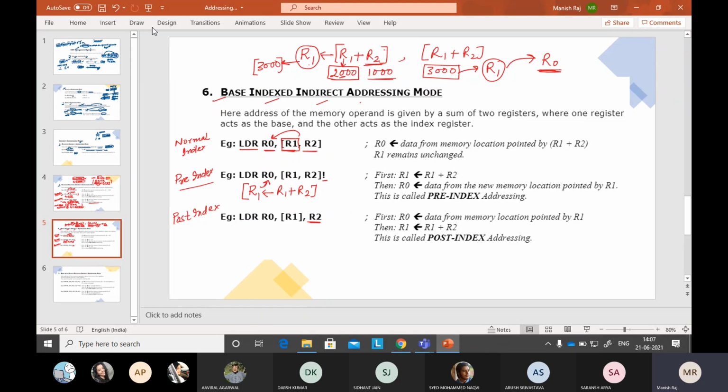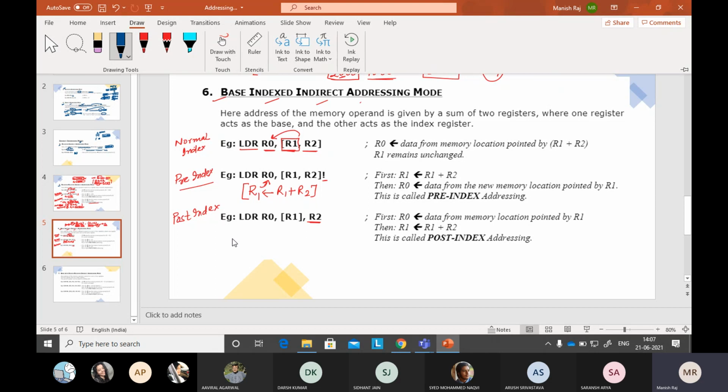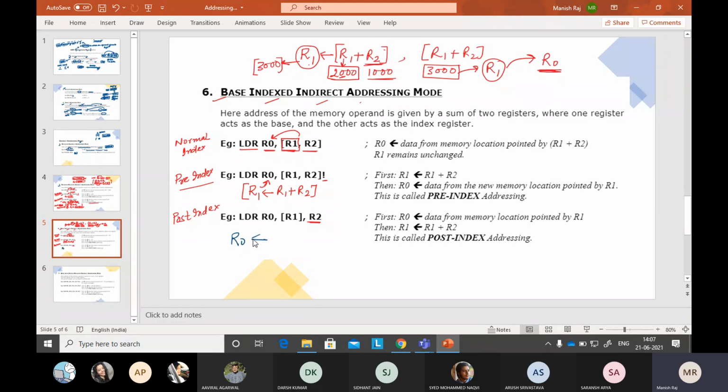So you can understand what is happening. First, R0 will get the value address of the R1. After that the increment: first that is load, after that increment. So what will be the increment?